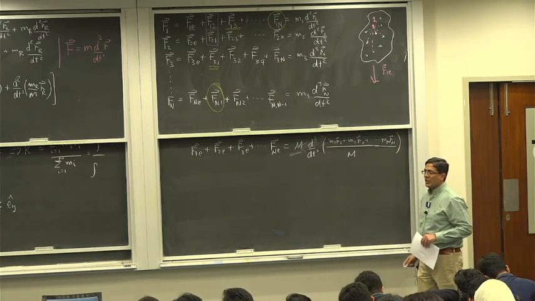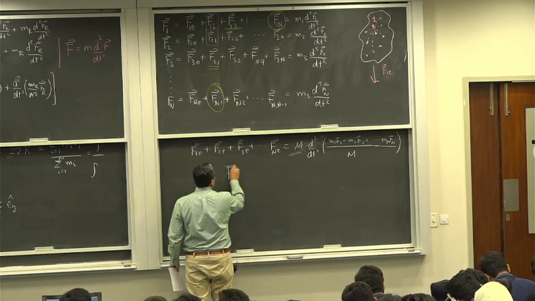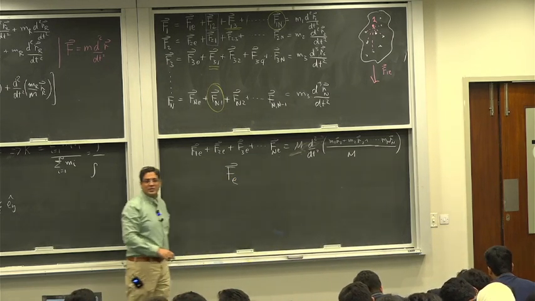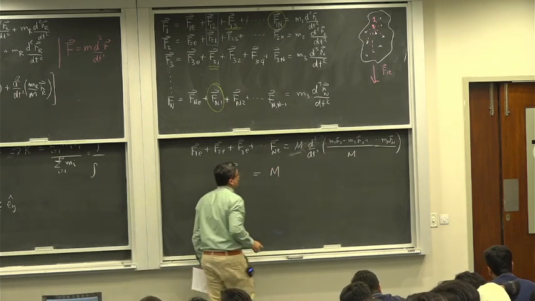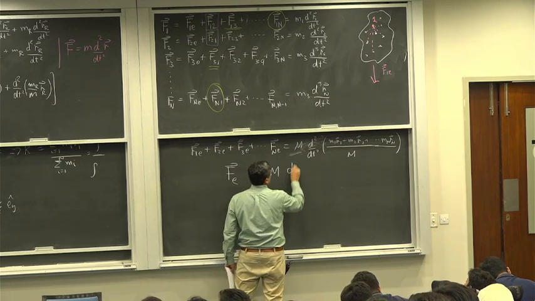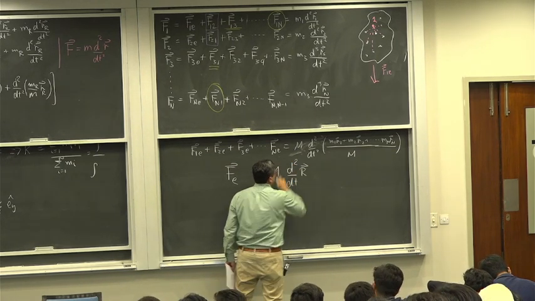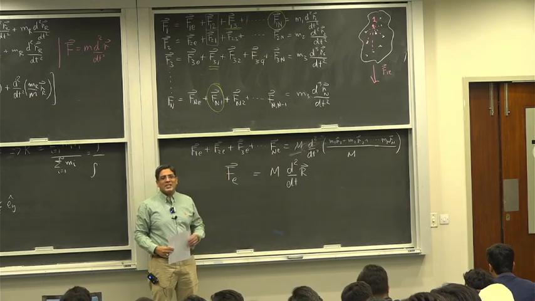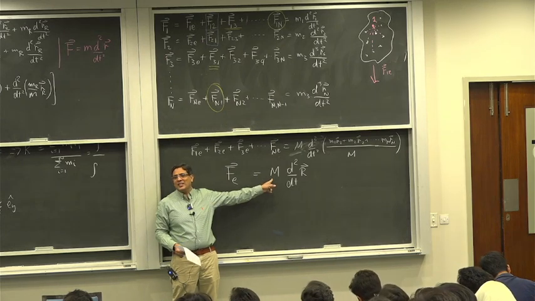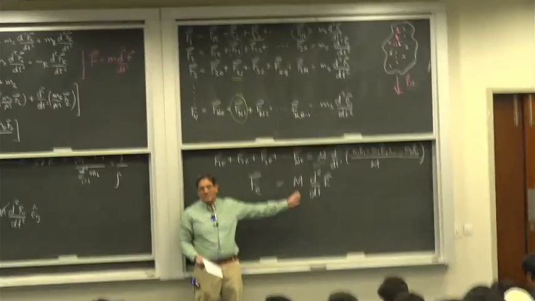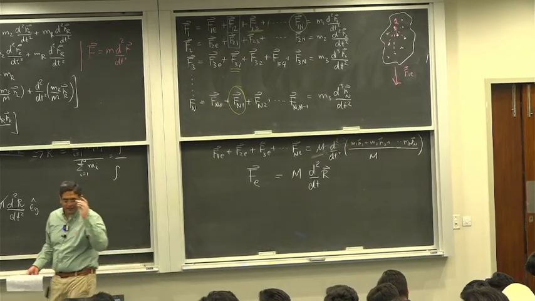So here on the left you have the total external force, and on the right you have the acceleration of the center of mass, the point at the center of mass with mass m, as if it had the total mass. Now this has been generalized; this is true for any number of particles.